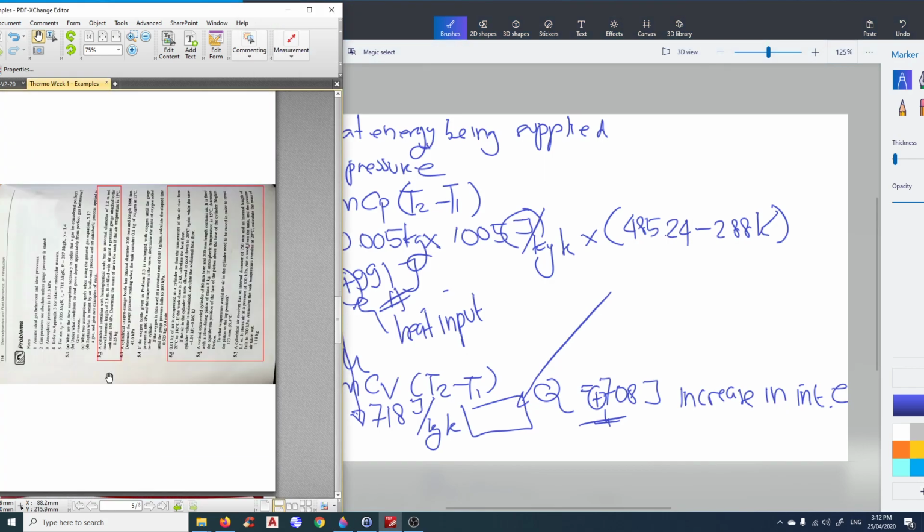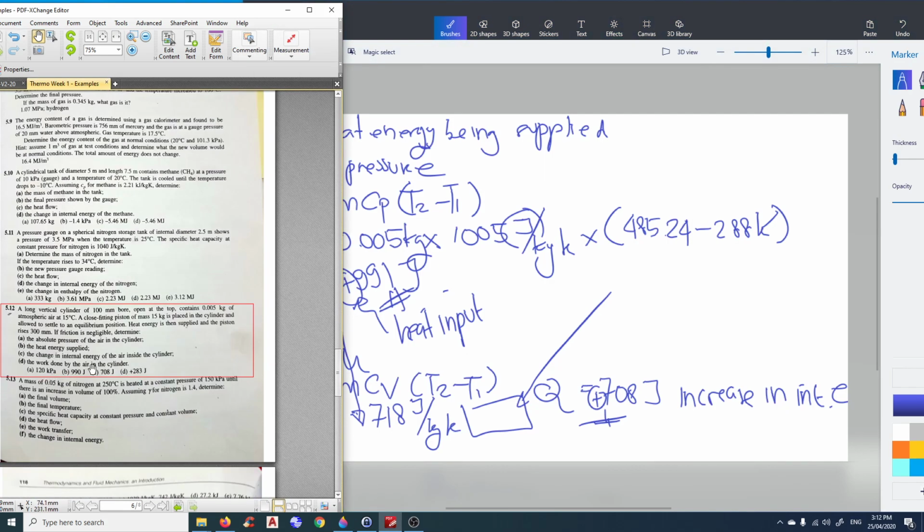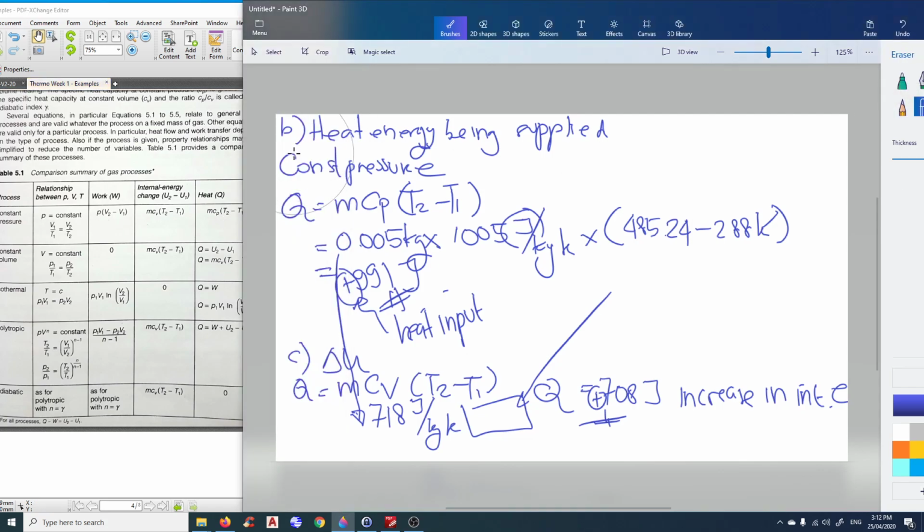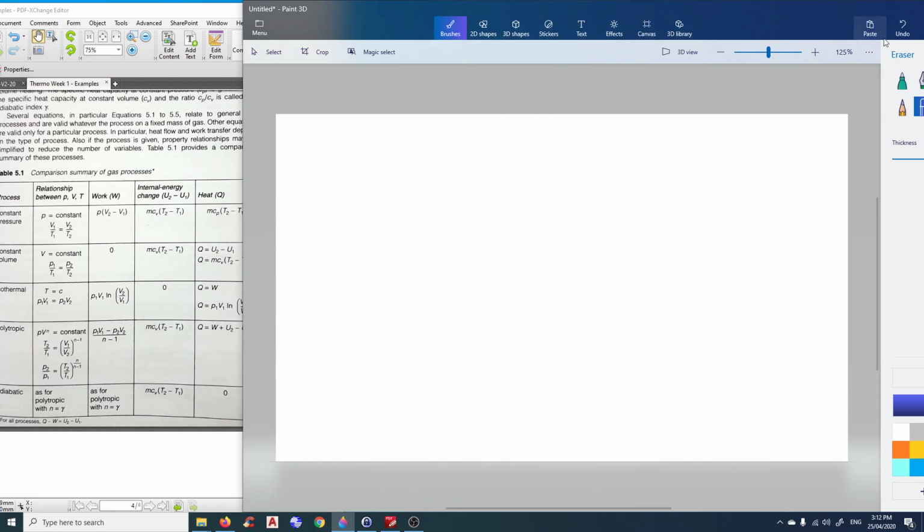Question D. The work done by the air in the cylinder. So look, constant pressure, the work being done is that formula. Just clean the board again. So question D, work done equal to P (V2 minus V1). The pressure here will be the final pressure, the P2, which we already calculated.